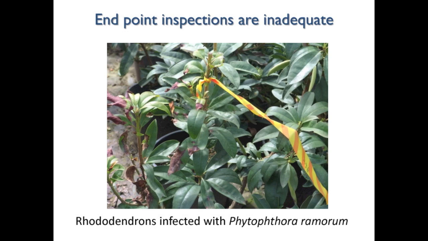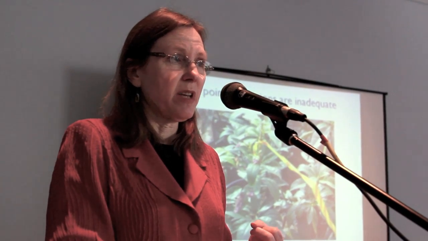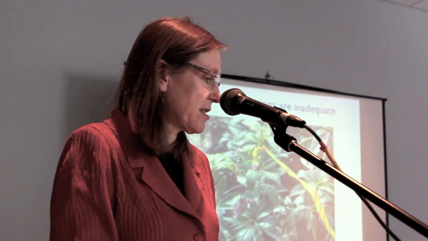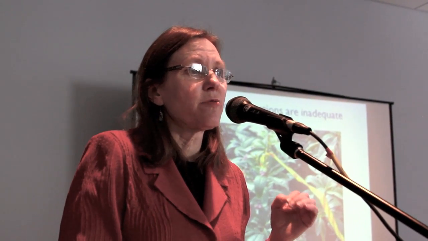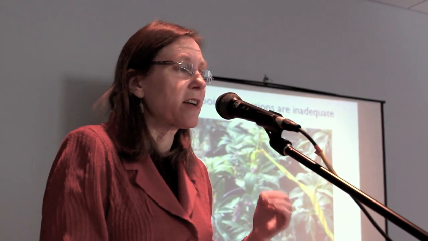In the case of microorganisms that infect roots, it's very hard to see those, and it may be that the plant can be infected and yet not yet showing symptoms. And then the detection threshold is really pretty high. There has to be a fairly high concentration of little bugs before you notice them. So it's an imperfect system, and we know it's not working.